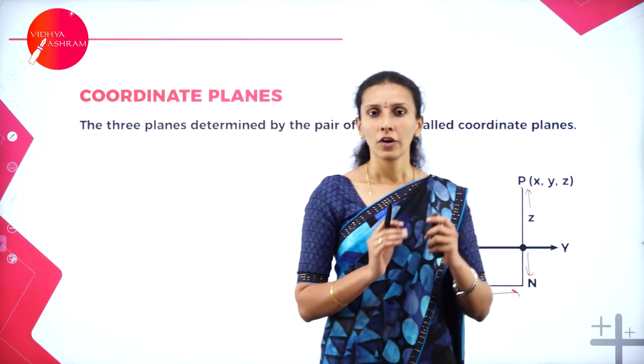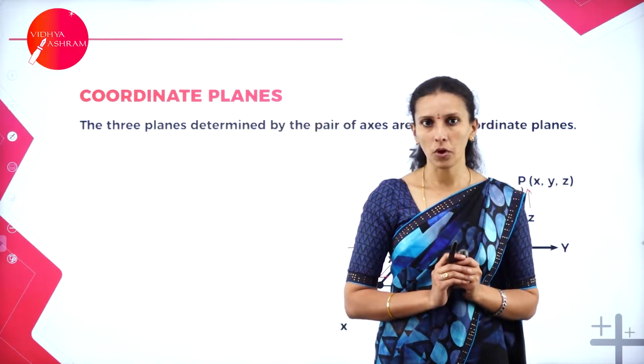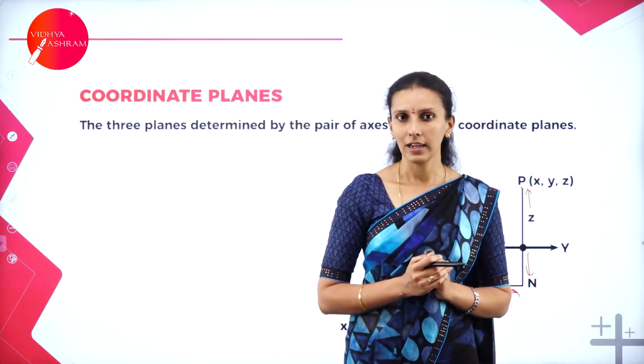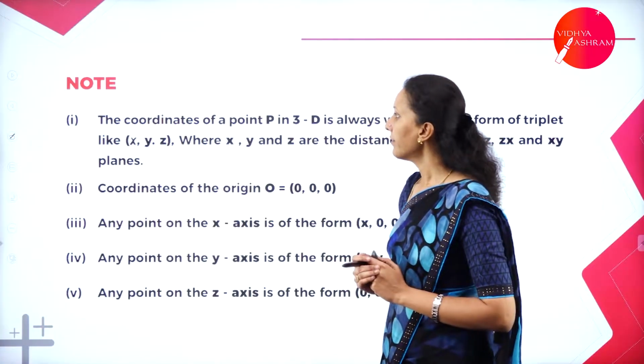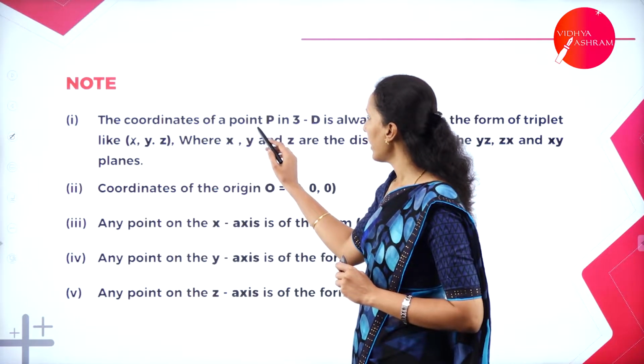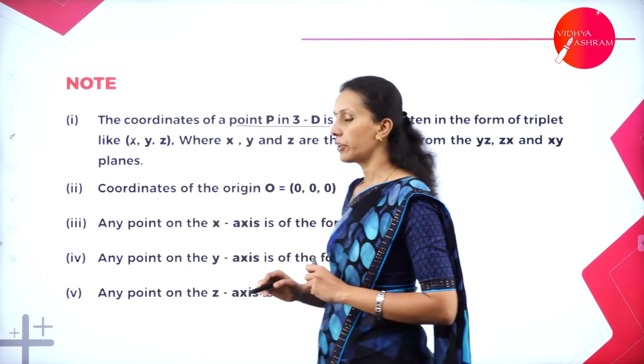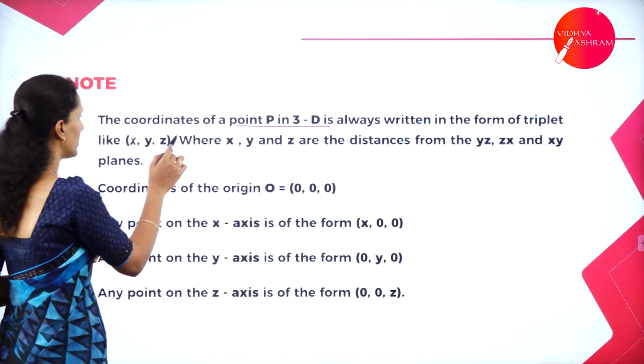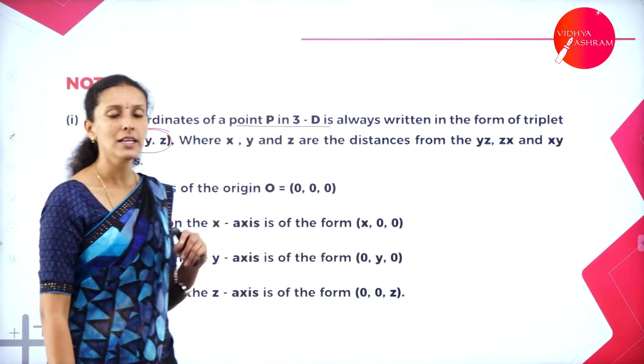Now we are supposed to note some important points while studying these three axes in a coordinate plane. The first point says the coordinate of a point P in three dimensions is always written in the form of a triplet, that is x, y, z.